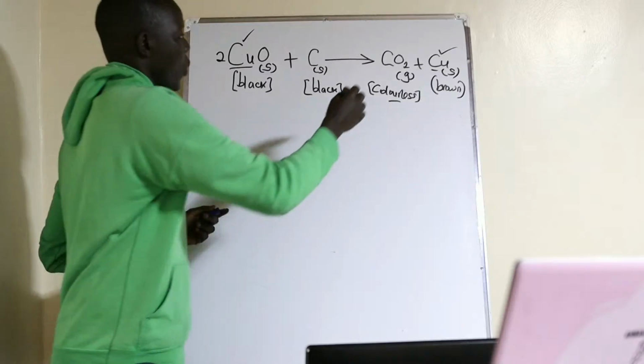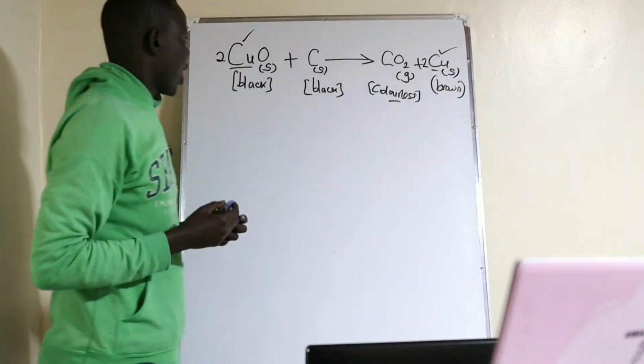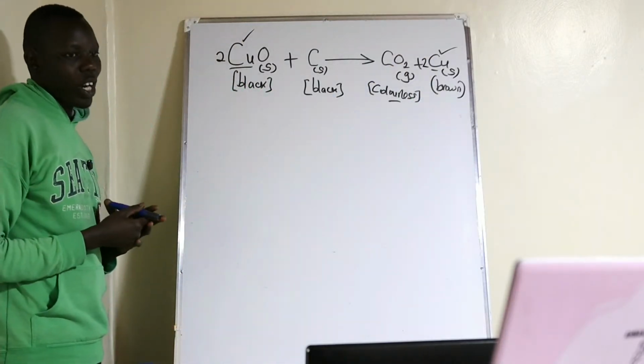Copper should be two. Go and put 2 there. Then now it balances. Now it's very well balanced.